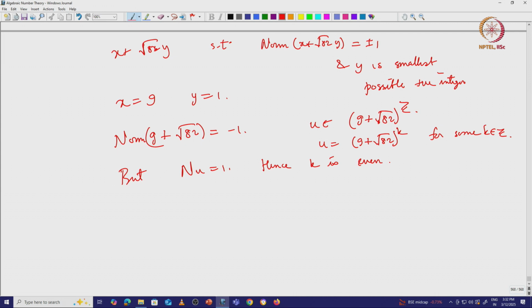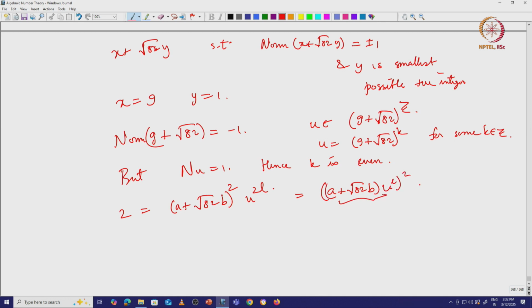So, I can write 2 is a plus square root of 82 b, squared, into u to the power 2l, but I can absorb this inside and write this as u to the l, squared.